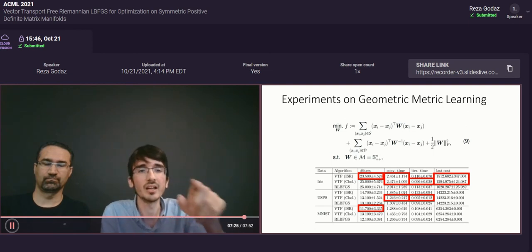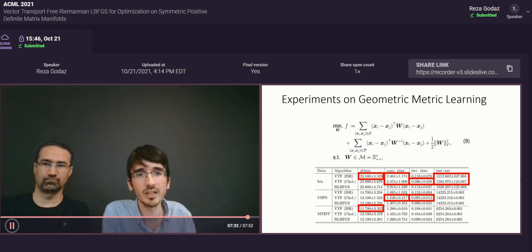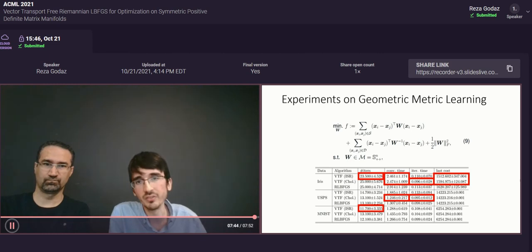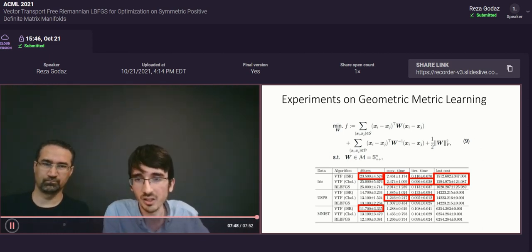We have compared our algorithm to not applying our mapping, and we have experimented on three datasets: Iris, USPS Digits, and MNIST. In different occasions, we have outperformed the baseline in terms of number of iterations, convergence time, time of every iteration, and the found cost function.